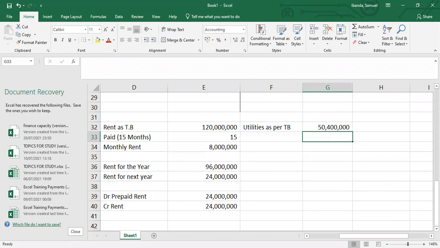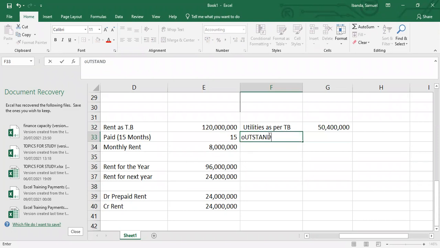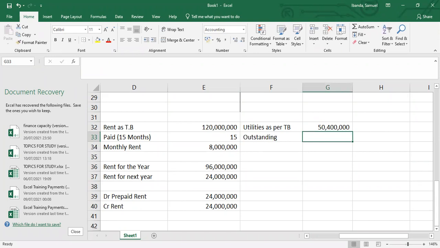So 5,400, then adding the outstanding, they're saying is 4.8. You get it.